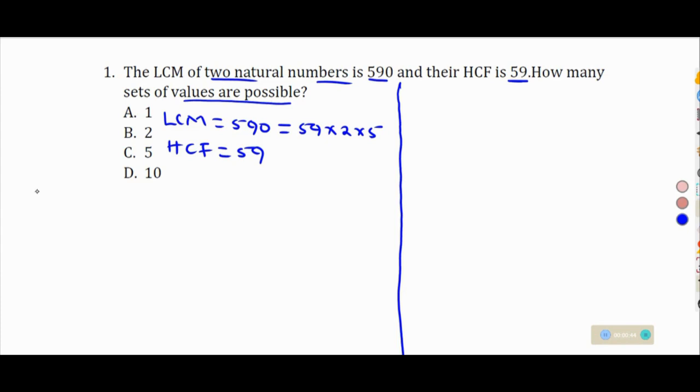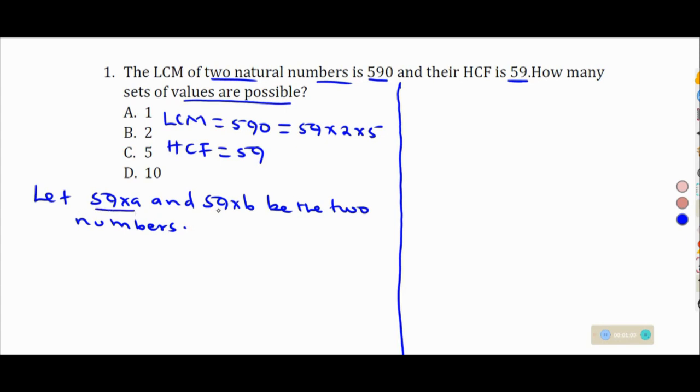Simply let us let 59 times A and 59 times B be the two numbers. We are calling this one 59 times A and this one 59 times B, simply because these two natural numbers must have the highest common factor as 59.